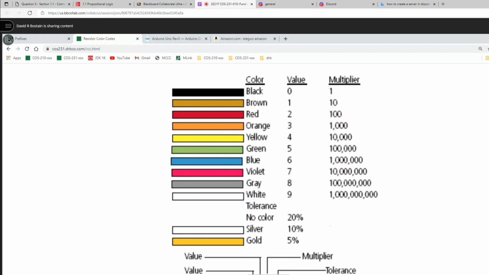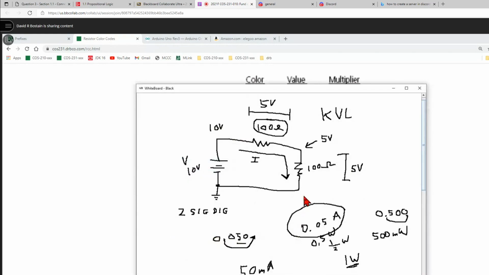So a reasonable question would be to you, if somebody gave you a red, orange resistor color code, what would be the value of it? Is it 7? Let me grab my white thing here.